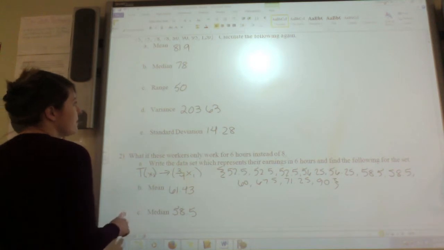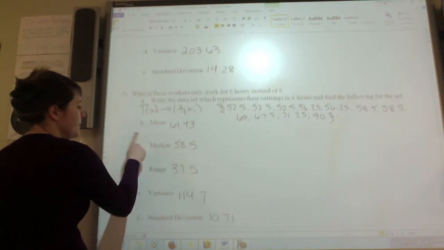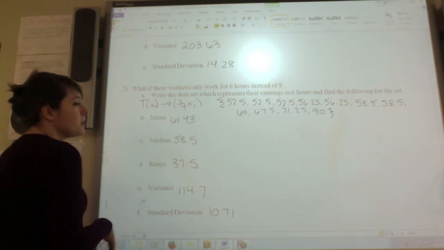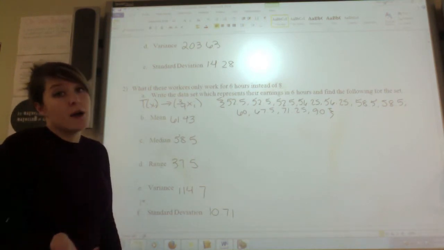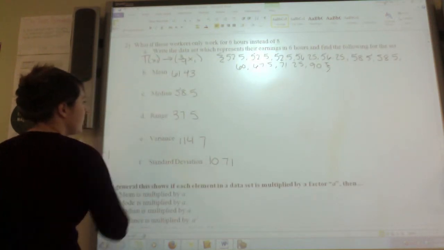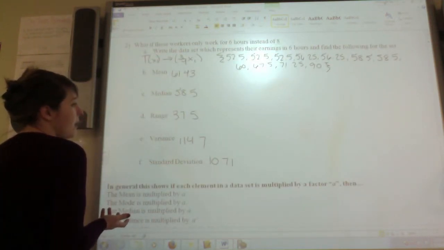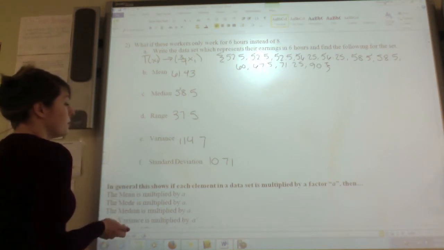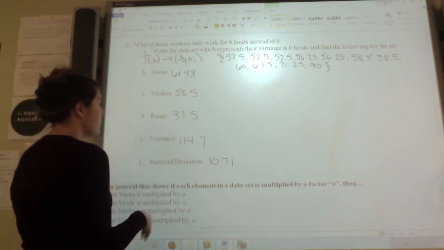Same thing with my median: if I take that 78 and multiply it by 3/4, that gives me my 58.5. So the mean and the median just changed how you would expect by being multiplied by that a value. The range is the same thing. If I multiply my original range, 50, by 3/4, that gives me my 37.5.